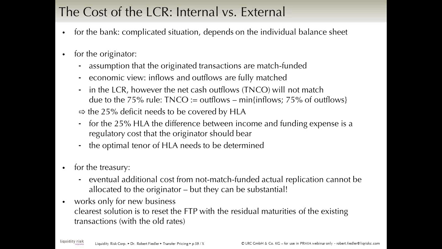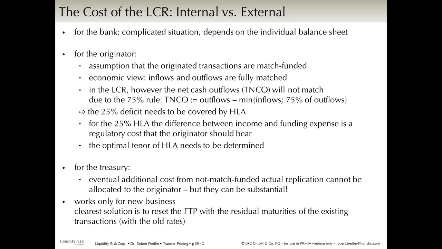In the LCR, however, there is the 75% rule, which means that 25 of the position, or 25 of every individual deal, needs to be covered by new HLR. So for this 25% HLR, the difference between income and funding expense is a regulatory cost, and the originator should bear that. And of course, you should try to find out how to get to the optimal tenor.